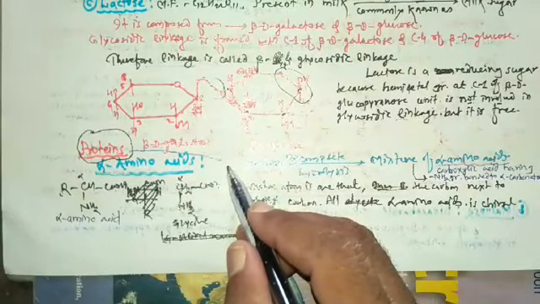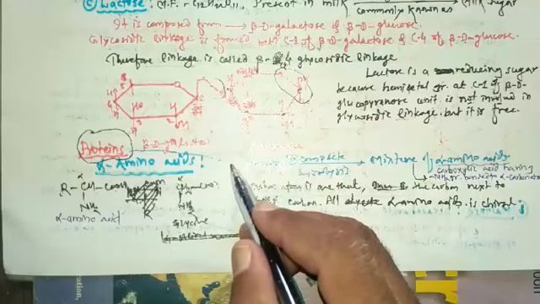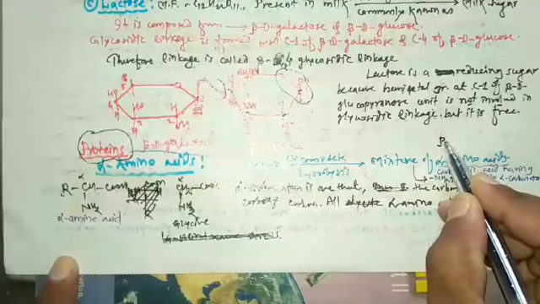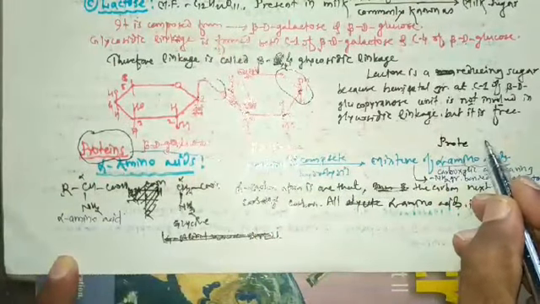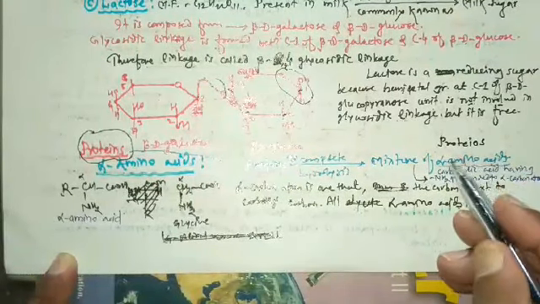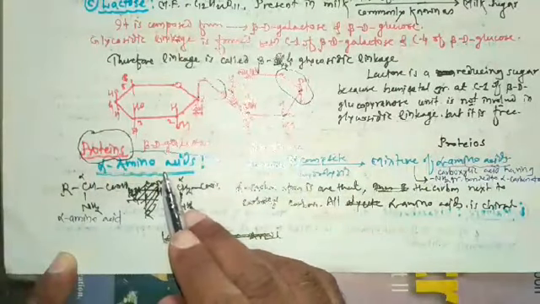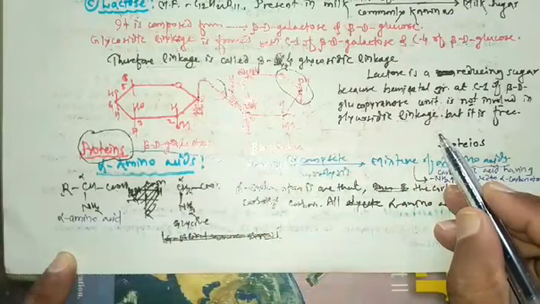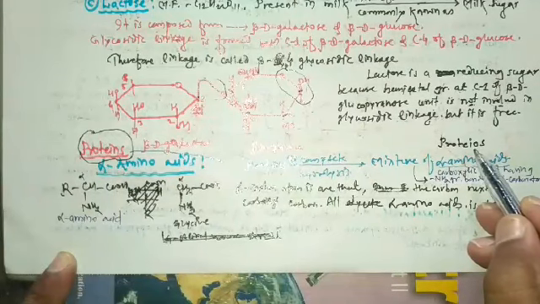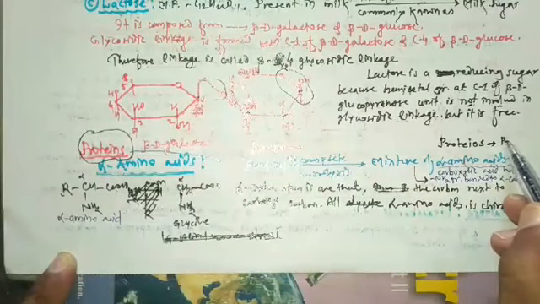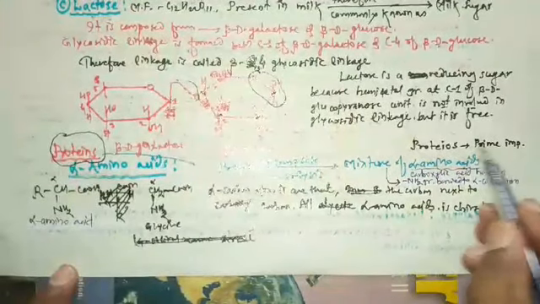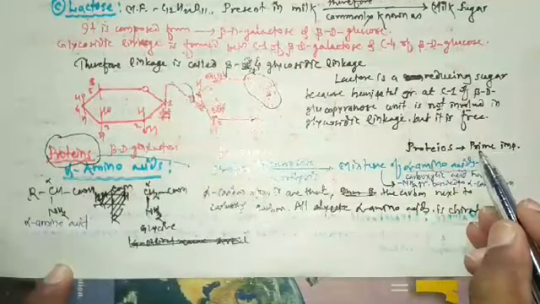So the word protein is derived from the Greek word proteios, P-R-O-T-E-I-O-S, which means primary or of prime importance, because protein is very important in our body.